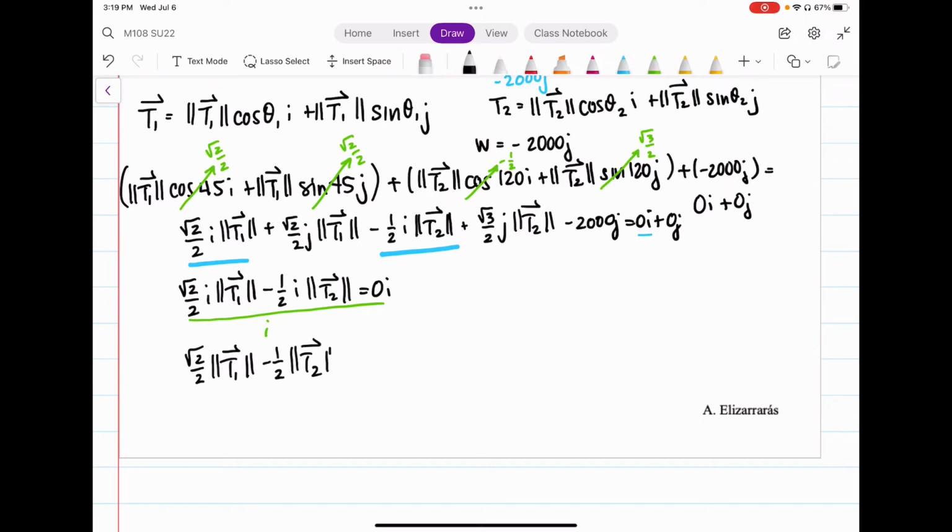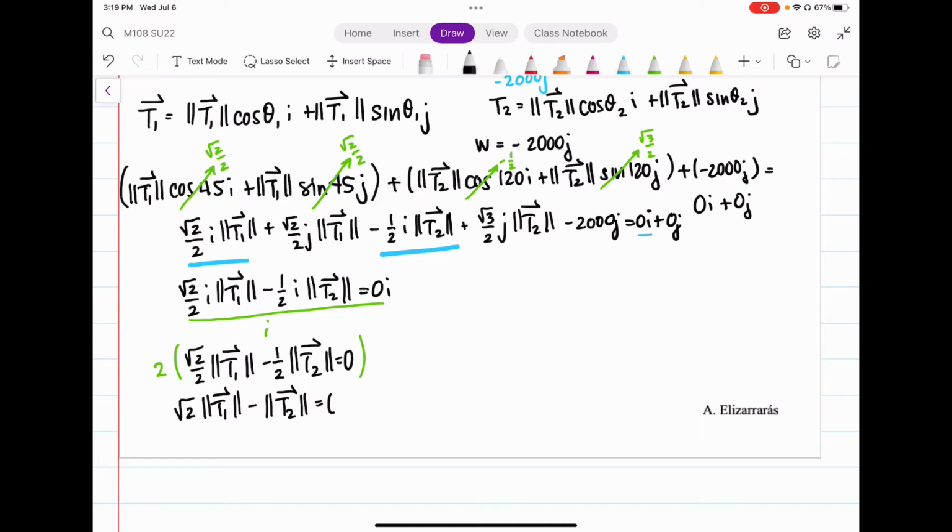But I can also multiply everything by 2 to get rid of the denominators. The 2's will cancel in the denominator because 2 times root 2 over 2 is just root 2. 2 times negative 1/2 is just negative 1.